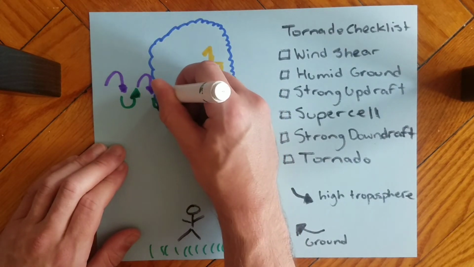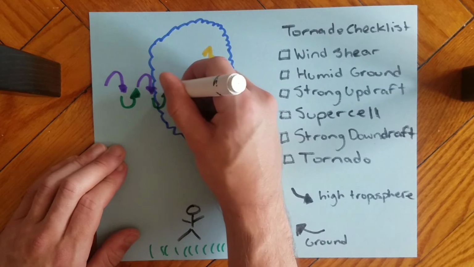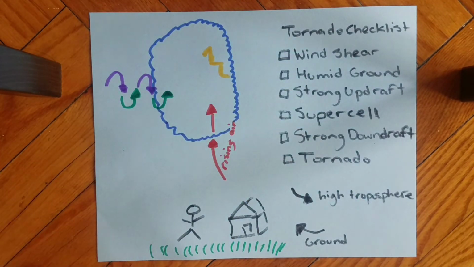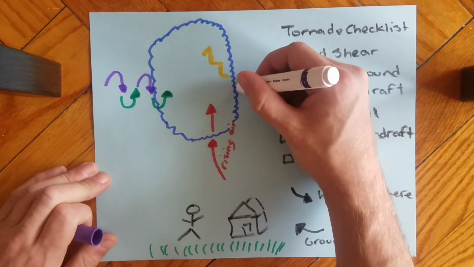Those conflicting ground and high troposphere winds are going to cause this kind of cylindrical cyclone high in the troposphere.